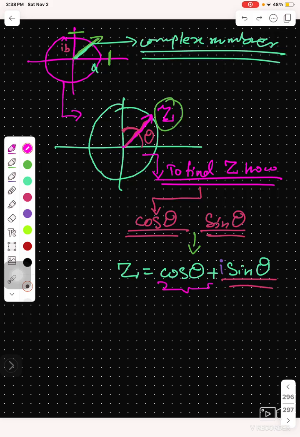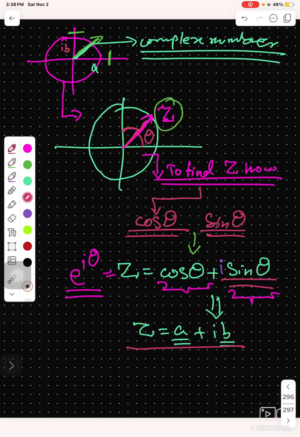It's the same as saying z equals a plus ib, where a is cos theta and b is sine theta. And one more thing, this equals e to the i theta. Remember that.